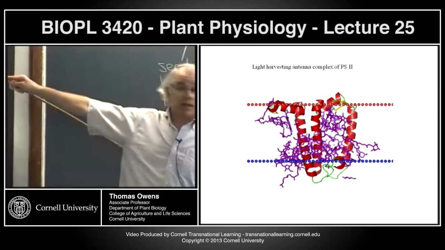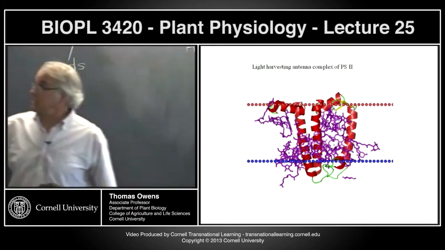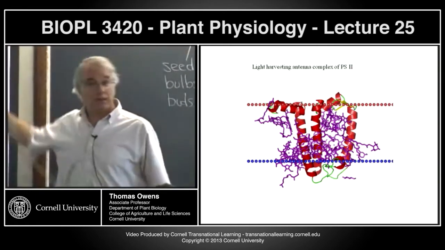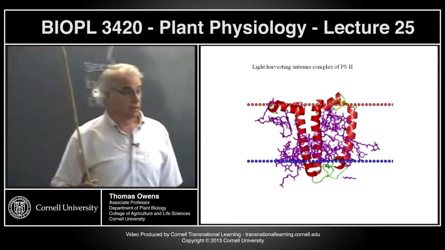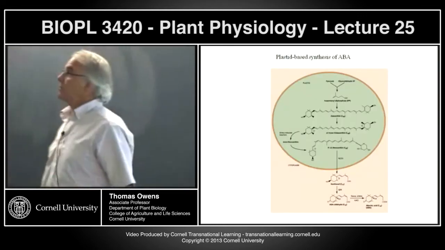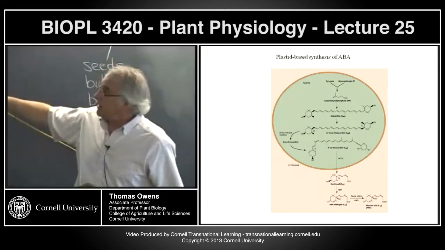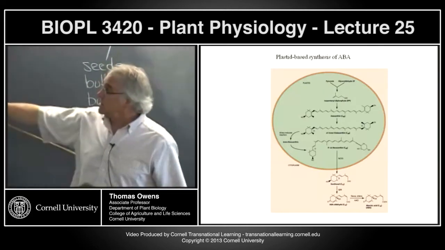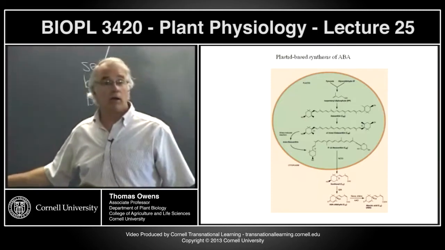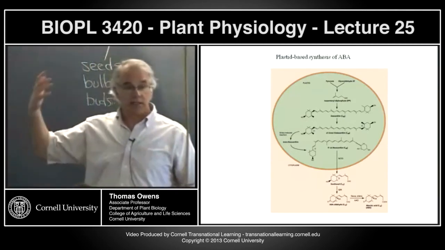But the thing that I really want you to see in this is that the carotenoids, the zeaxanthin that is present in here, is embedded in the middle of this protein, in the middle of the thylakoid membrane. So if we think about what's happening in the biosynthetic pathway, this conversion of zeaxanthin to violaxanthin to neoxanthin to a cis form of neoxanthin and the cleavage are all happening in the thylakoid membrane. Zeaxanthin is not water soluble.